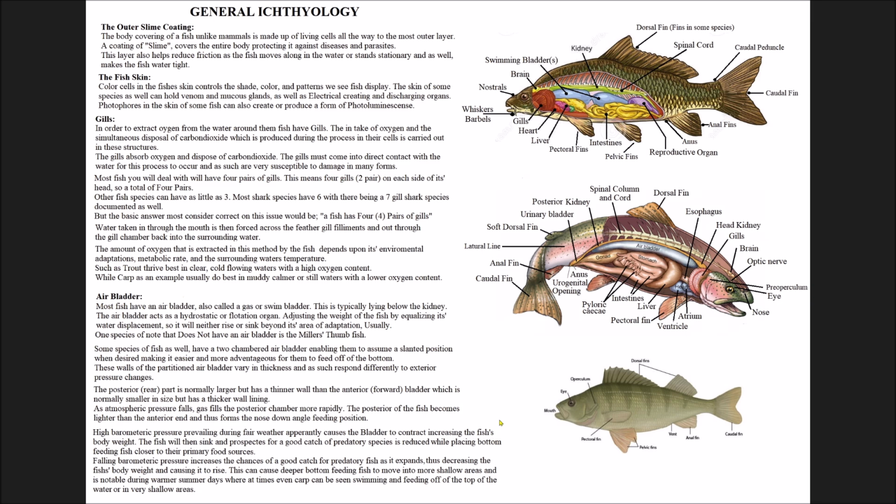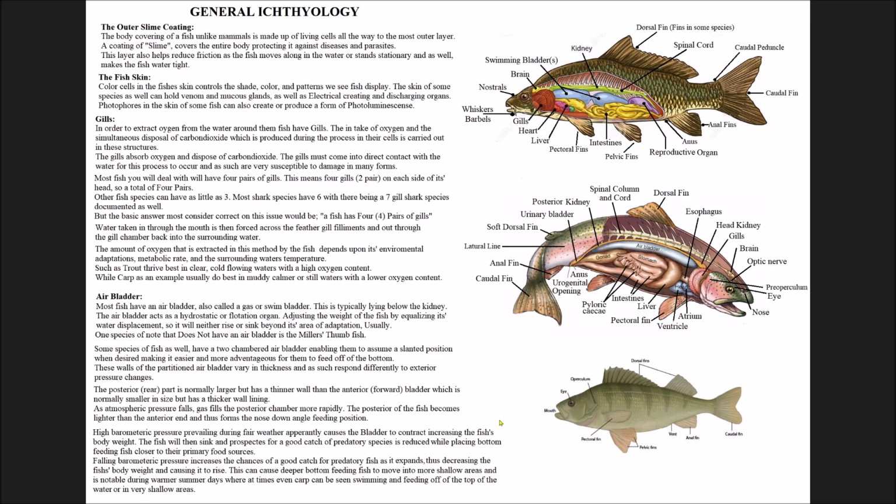This, of course, less gas, increases the fish's body weight. The fish will then sink, and prospects for a good catch of predatory species can be reduced while placing bottom-feeding fish closer to their primary food sources, so they may actually be feeding more actively.